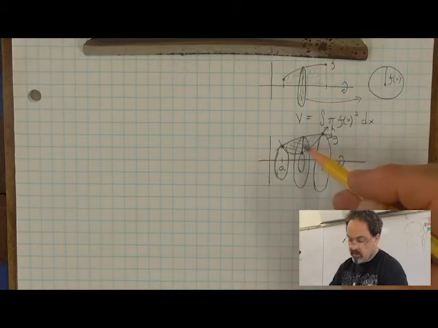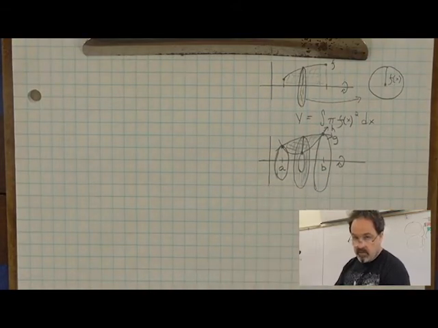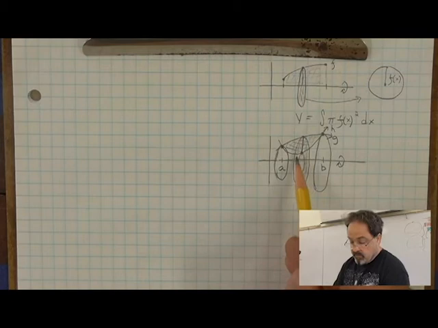And the line then that gets rotated is in between those two circles. I can shade it in to make a representative slice in perspective.